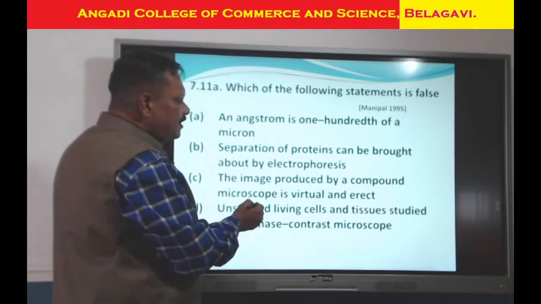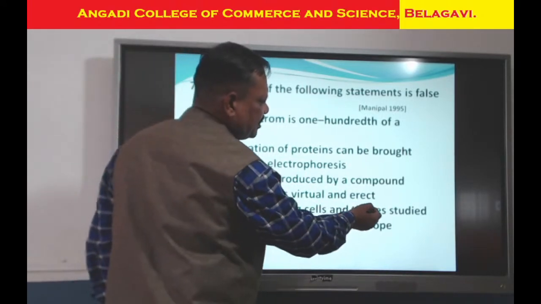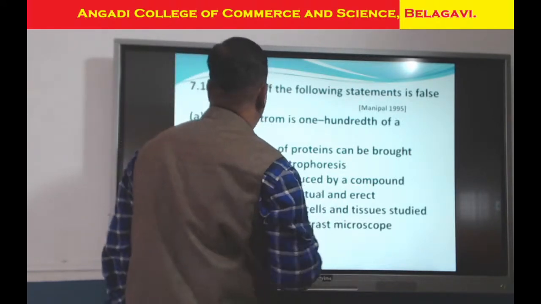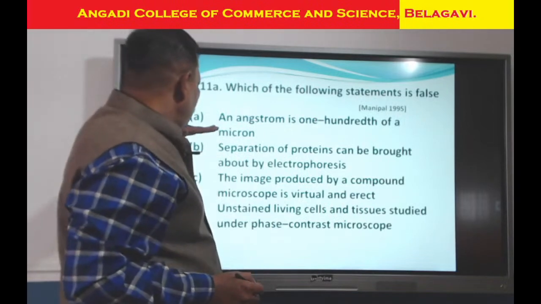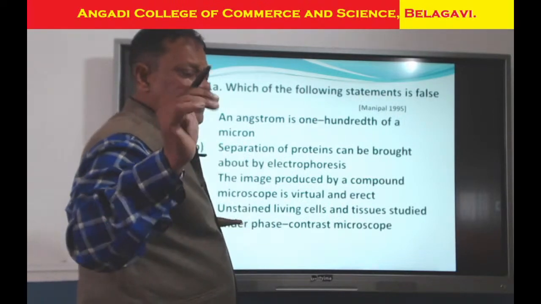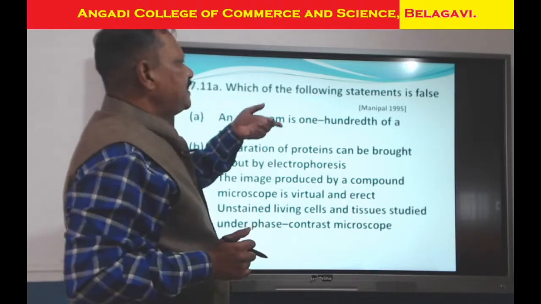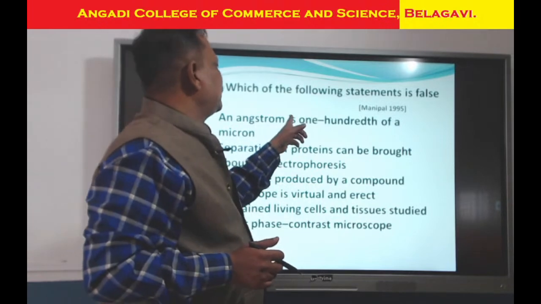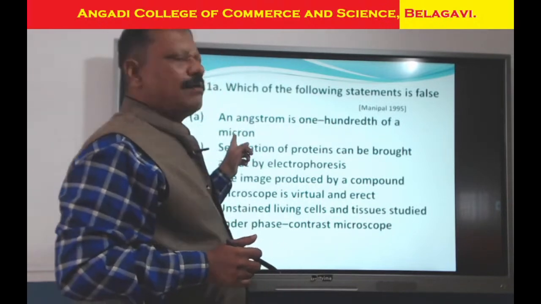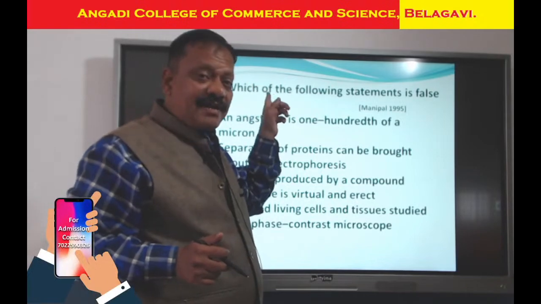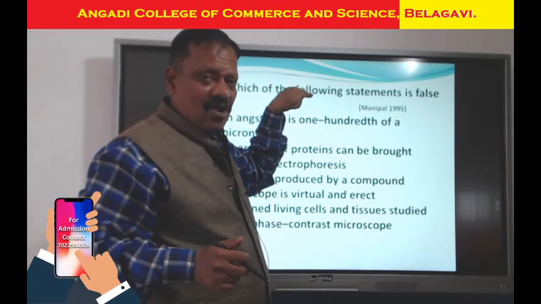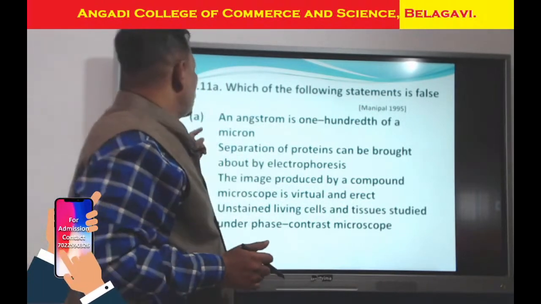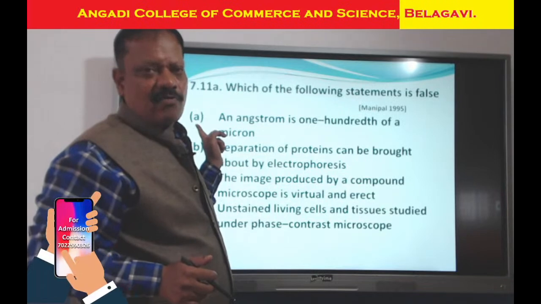D, unstained living cells and tissues are studied under phase contrast microscope. So here B, C, D are correct, but the false statement is that an angstrom is 100 of a micron. It becomes 10 raised to minus 10 micron. So this is the false statement, and option A is the correct one here.